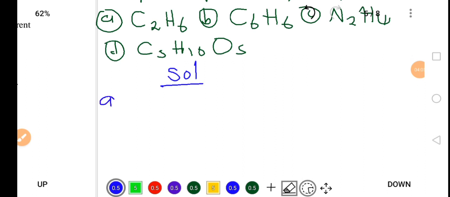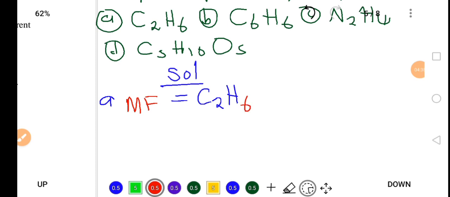You are going to say A, the empirical formula equals, or maybe let us be smart, we say the molecular formula here is C2H6, meaning the empirical formula.